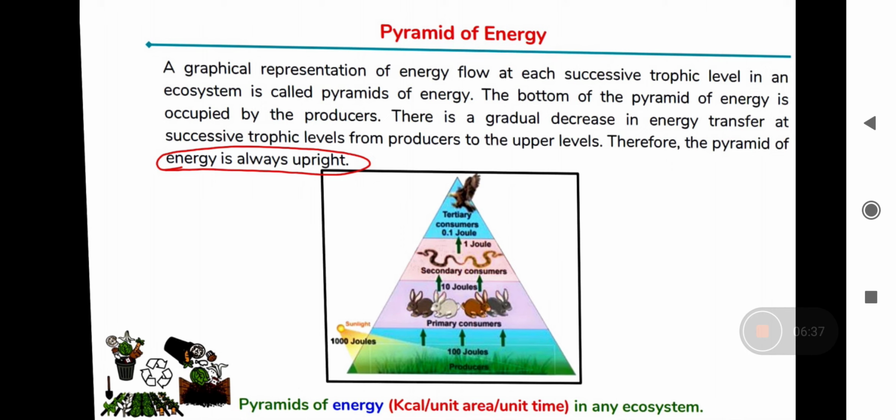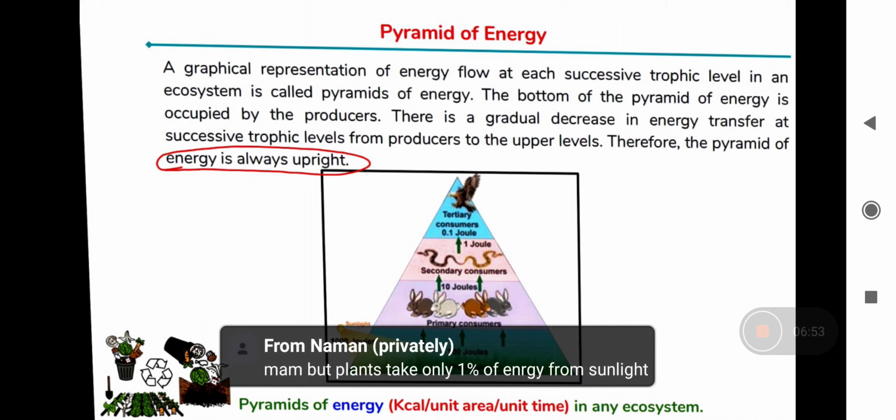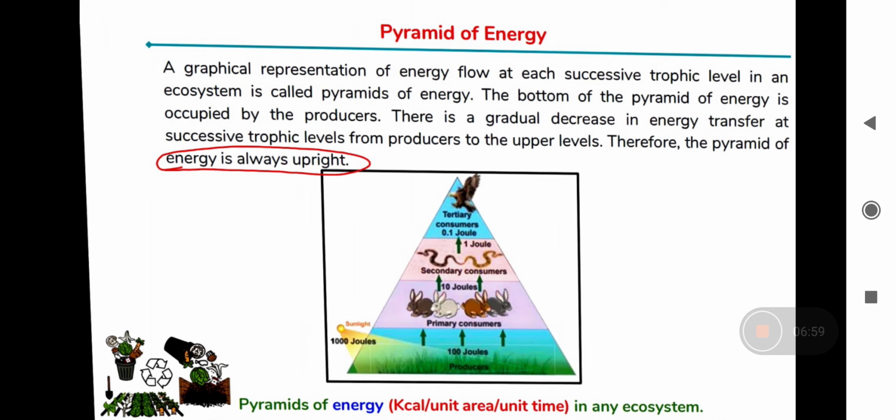You know that only 10% is stored and 90% is lost. So there is a gradual decrease in the energy transfer at successive trophic levels from the producer to the upper levels. Therefore, the pyramid of energy is always upright.